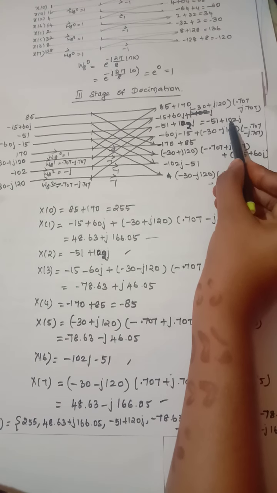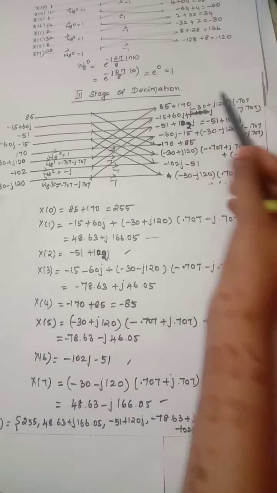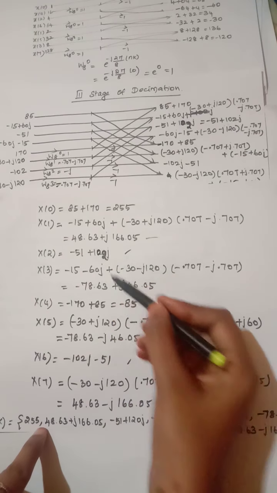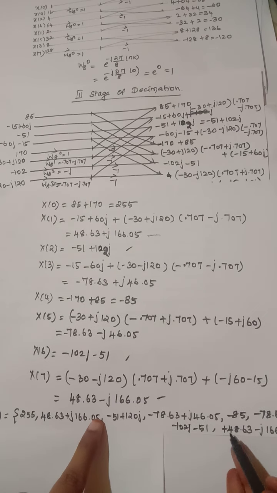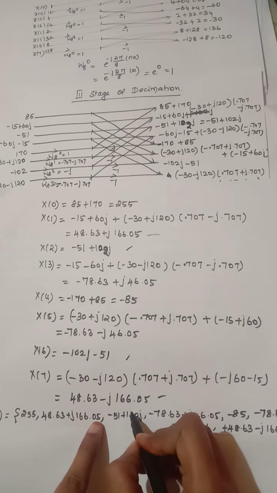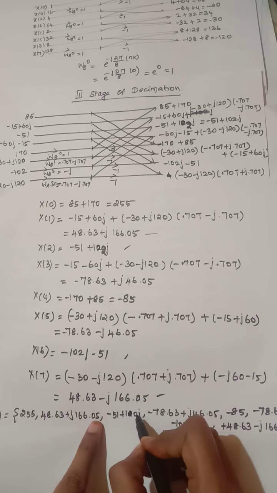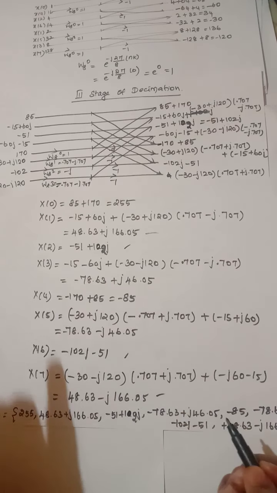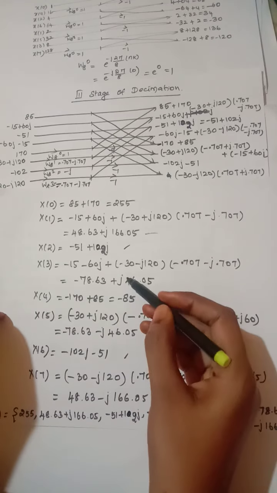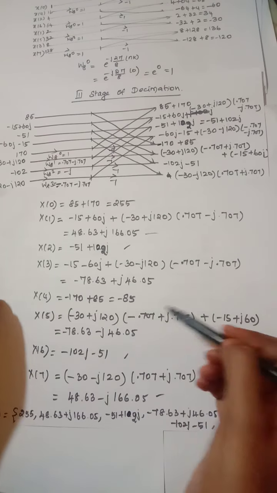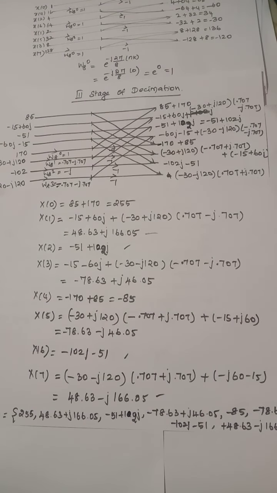Okay, so this is what I have corrected. I have written 120. Okay, so similarly I have corrected here, so I have written in this order. Okay, so it is minus 102j. So both are complex conjugate, so now these two are the complex conjugate. Like this you can check your answers.